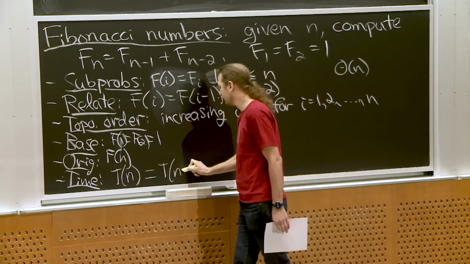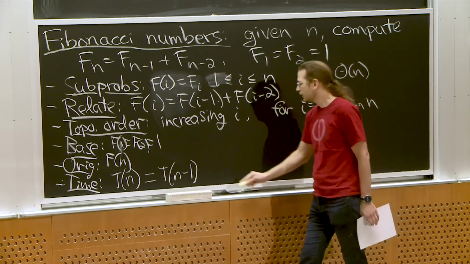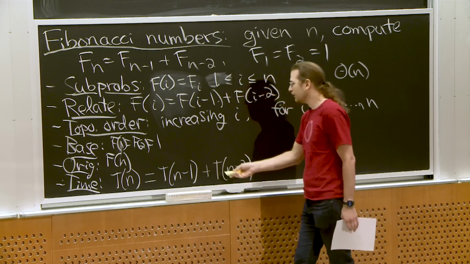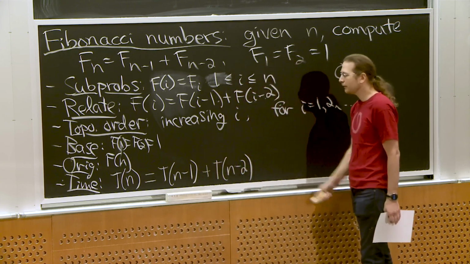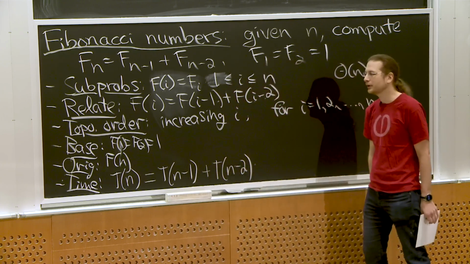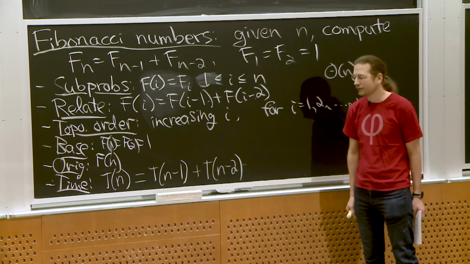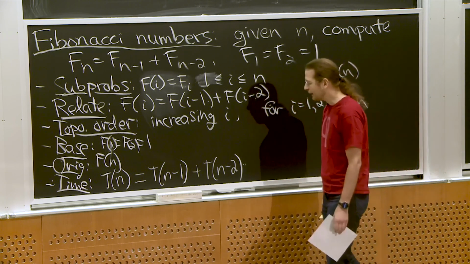This first step will take T of n minus 1. And I recursively compute f of n minus 2. So that will take T of n minus 2. And now I need to solve this recurrence. This is not a recurrence that falls to the master method. It doesn't have a divided by. So we have to think about it a little bit.